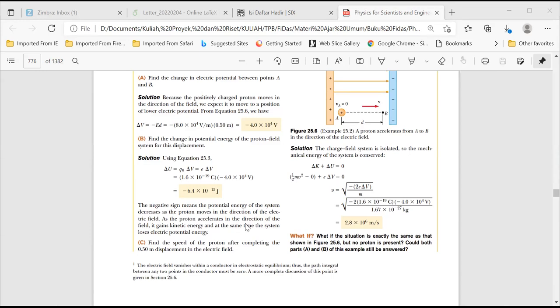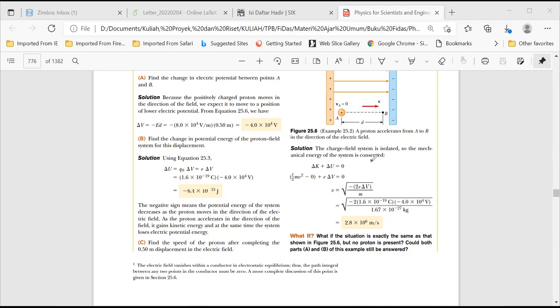Part C: find the speed of the proton after completing the 0.5 meter displacement in the electric field. Because we have a conservative force in this case, we have conservation of mechanical energy.